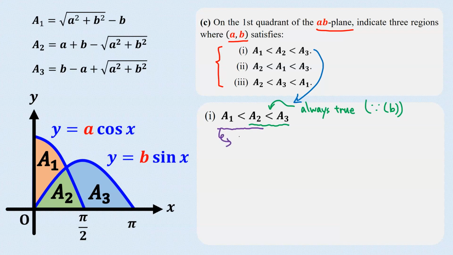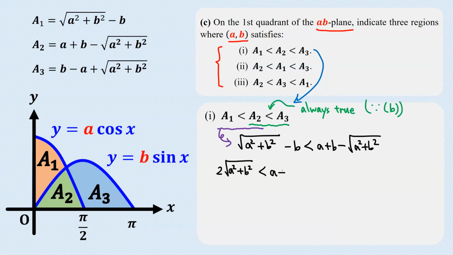When this inequality holds, A1, so square root of a squared plus b squared minus b, is less than A2, so a plus b minus square root of a squared plus b squared, which simplifies to 2 times square root of a squared plus b squared is less than a plus 2b.